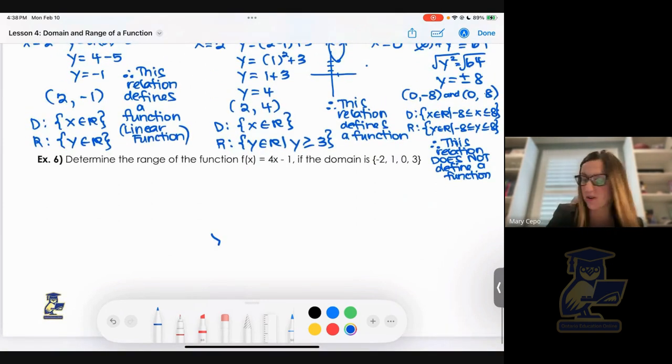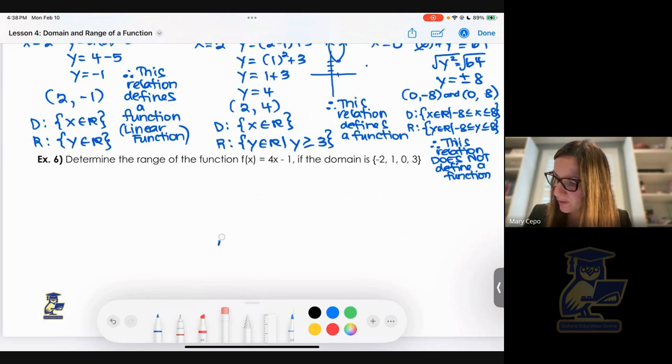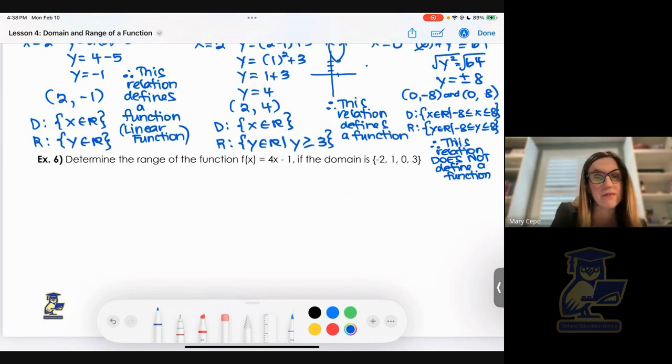Okay, last but not least, we have determine the range of the function f of x is equal to 4x minus 1 if the domain is, so these are the only possible values, -2, 1, 0, and 3. By definition, the domain are all our possible values for x. So in order to figure out the range, we would simply sub in these values for x and find the corresponding y values in order for us to define what the range is.